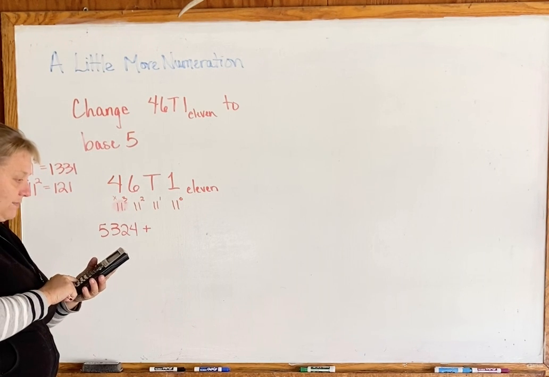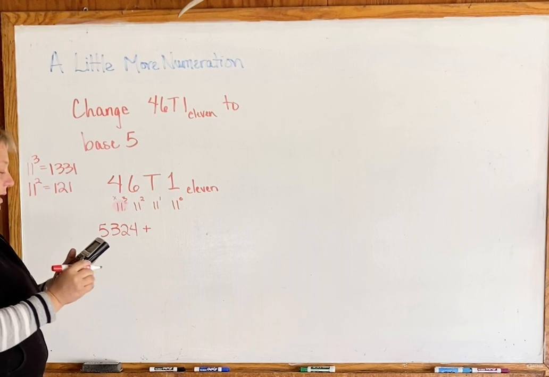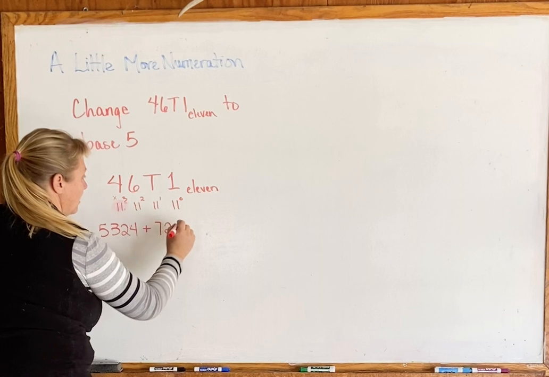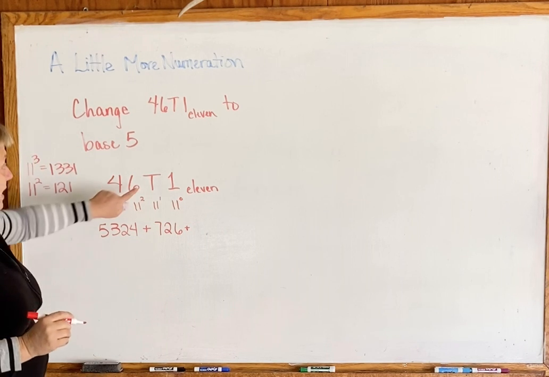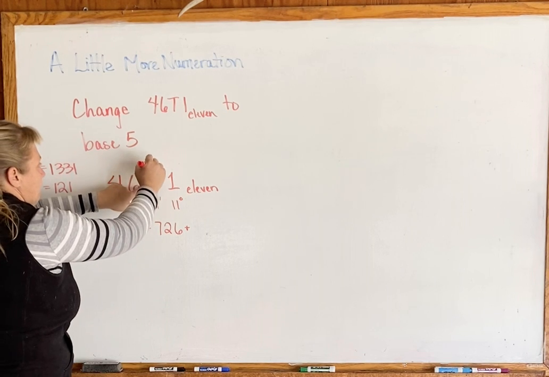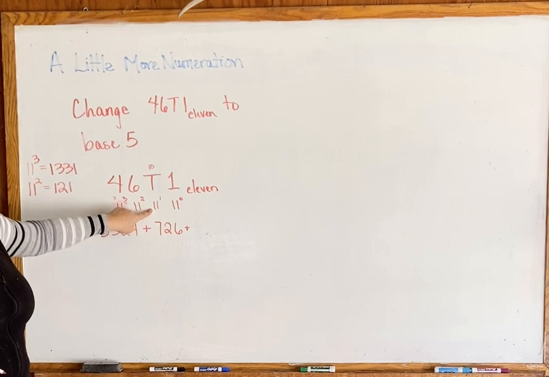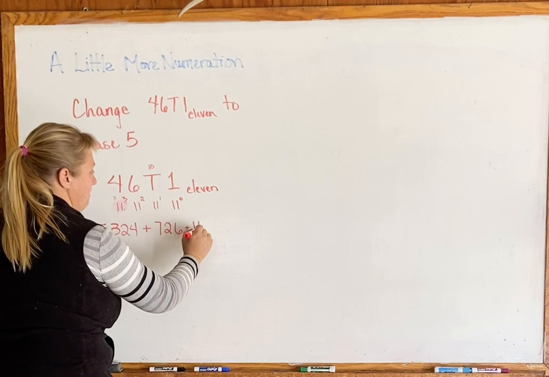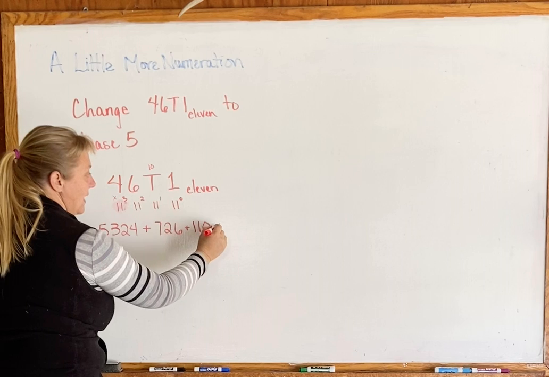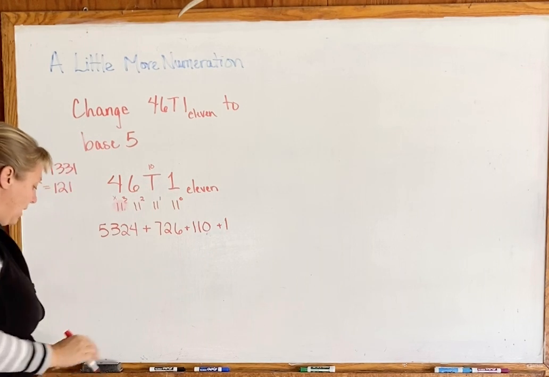So 6 times 121 gives us 726. Luckily, the rest I don't need my calculator for. Remember that this is 10, so 10 times 11 would be 110. And 11 to the 0 is just 1, so this last one will just be a 1.